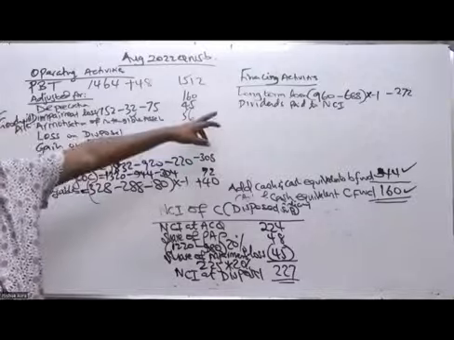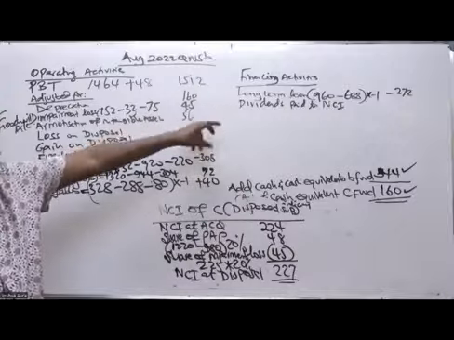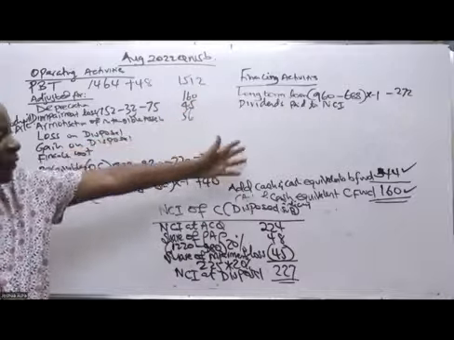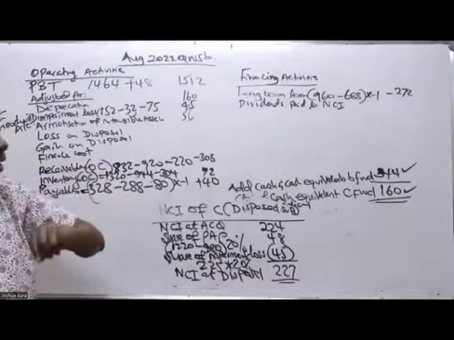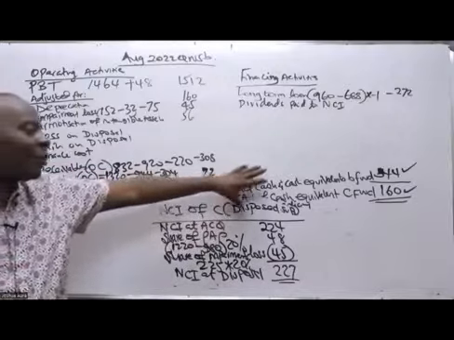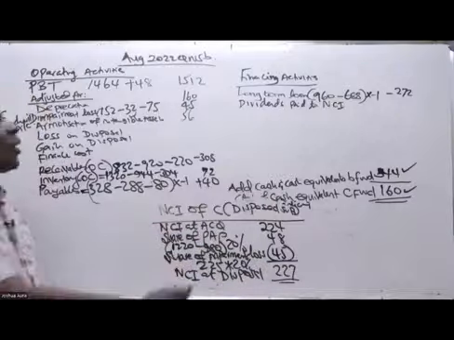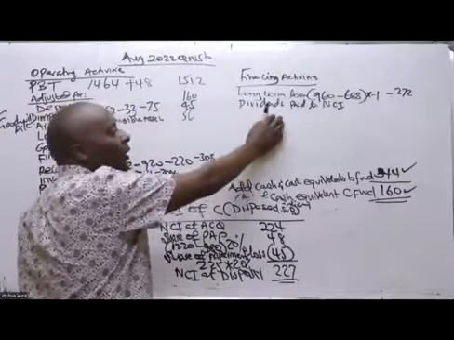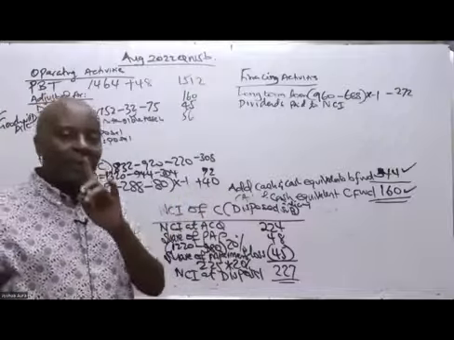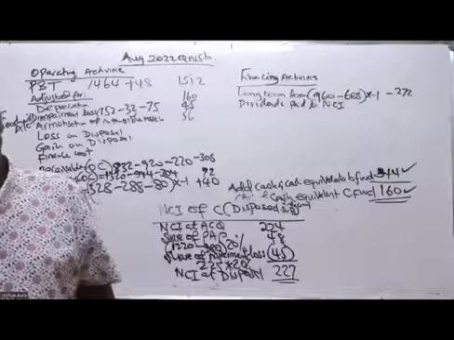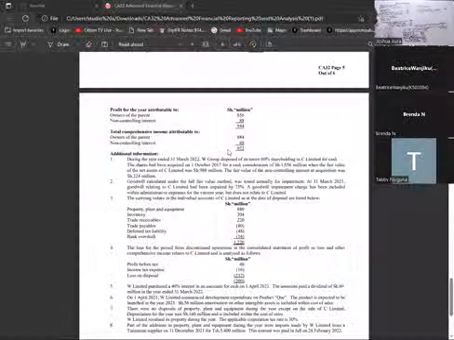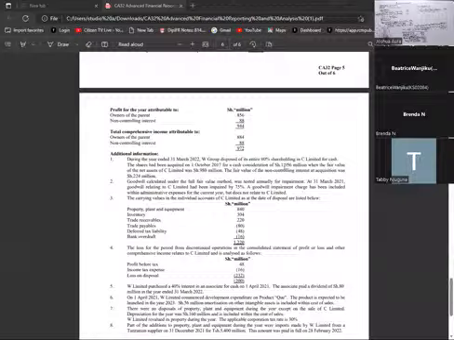Then come to the dividends paid to NCI. This is the easiest. This is another working that I can easily do after I've done this. I will be able to guide you, only that I'm seeing time is really moving very fast. But there are those workings which are very important, like now your dividends paid to NCI. What I'll do, I'll take NCI at the beginning.